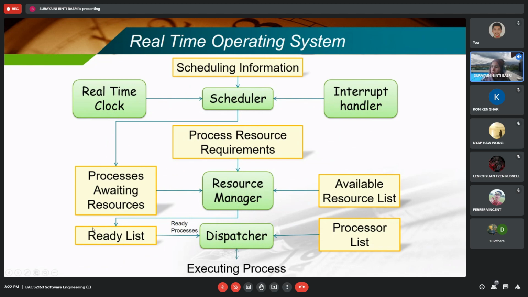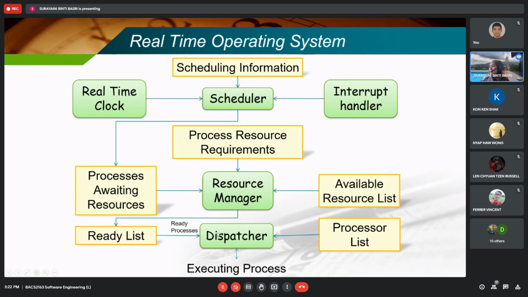This ready list will have the list of stimuli and what type of stimuli, and what type of response, and they will be put in a list. All of this list is actually ready to be dispatched to the executing process.